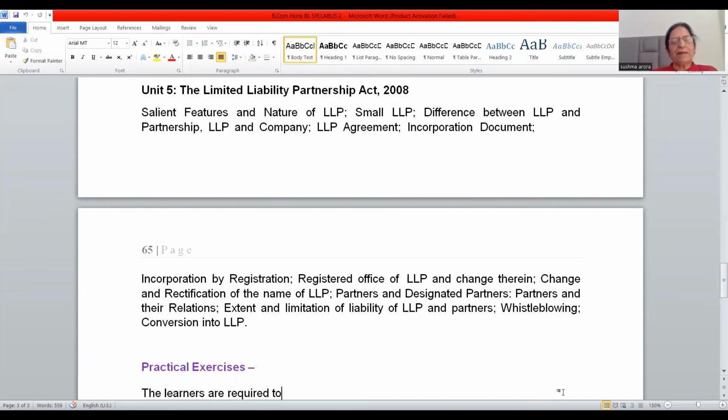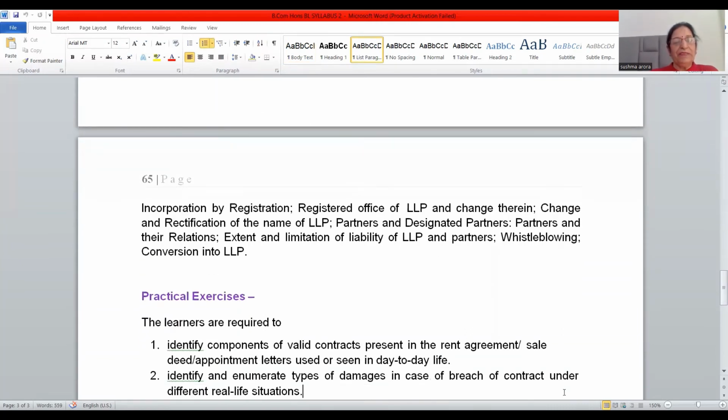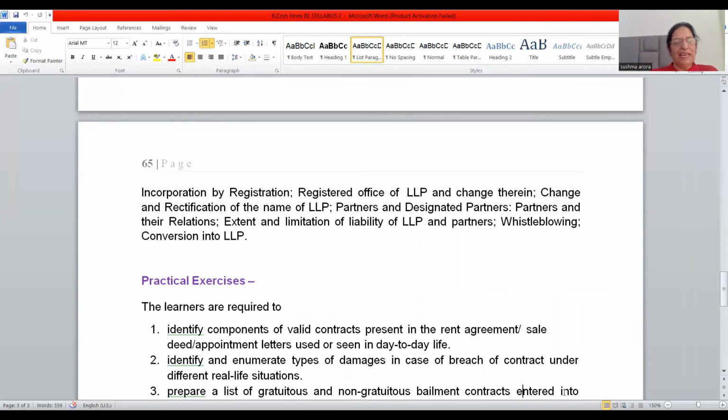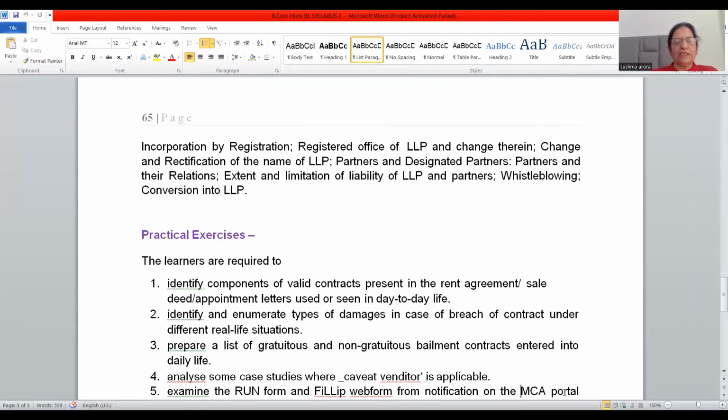So which are the various steps involved? Friends, I have just introduced the various units in brief. In detail, I'll be covering under various chapters, but again, introduction to each unit has been covered in my videos.